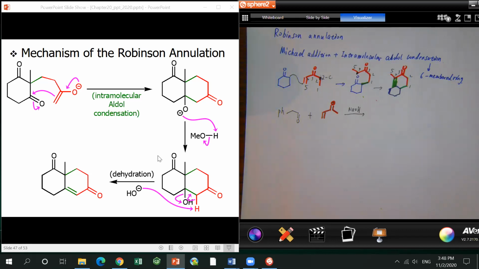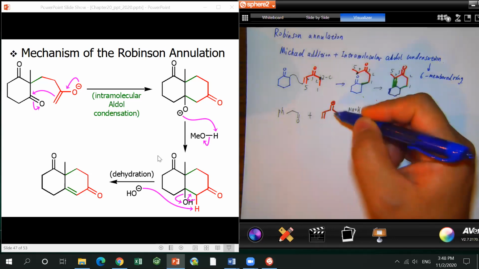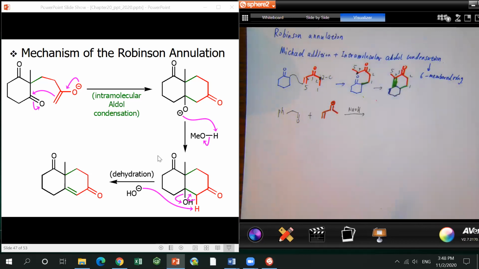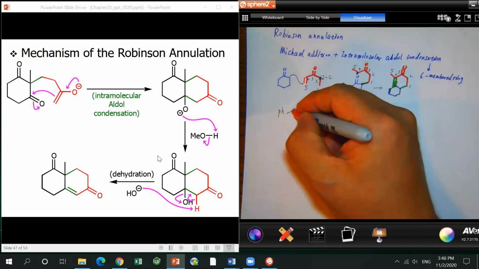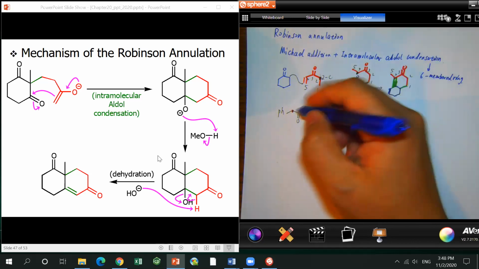All right, okay, because of time limitation, I will show you how I do it when I have this question, okay. So that's the alpha beta unsaturated ketone. This one will be the electrophile for the first reaction, okay, and here is the nucleophile. Another one, this aldehyde, acts like a nucleophile, okay.